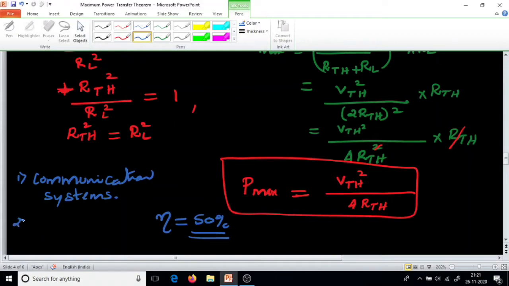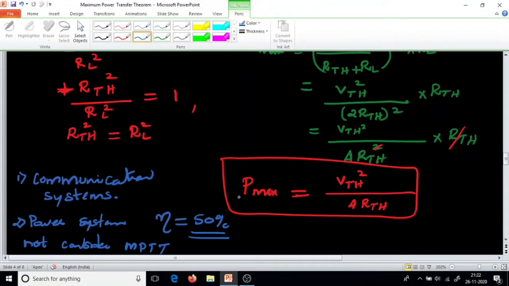Then one more thing, for power systems we usually don't consider the maximum power transfer theorem, because in power systems we take care of voltage drops and all. So in power transmission we won't consider the maximum power transfer theorem usually, but in communication systems it is a must.